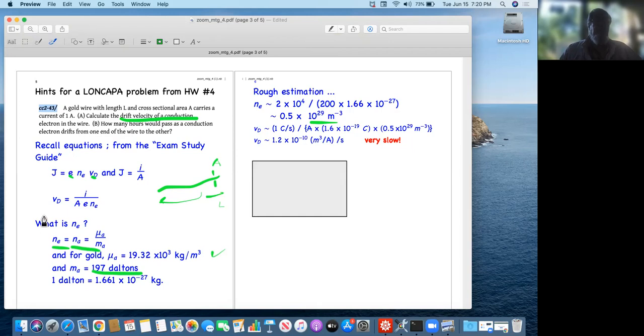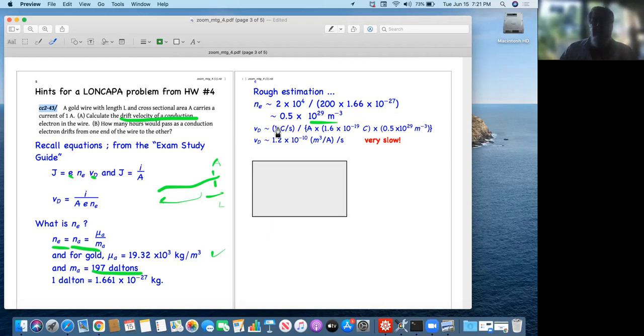And then as for the drift velocity, you have the current, 1 amp is 1 coulomb per second, divided by the area. Not sure what value of area is given. Divided by the charge of the electron, 1.6 times 10 to the minus 19 coulombs, divided by this density of electrons, 0.5 times 10 to the 29, rough estimate.